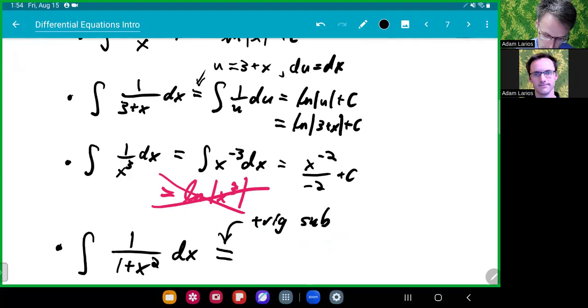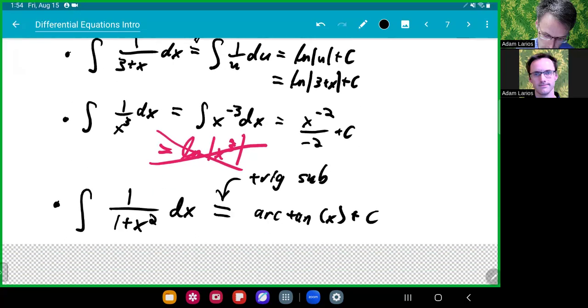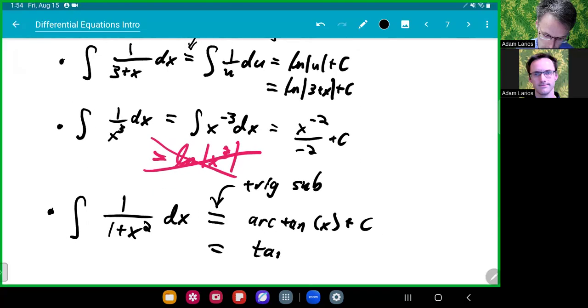This uses a tangent identity, like 1 plus tangent squared is secant squared or something. But this turns out to be the arctangent of x plus c, or if you prefer, some people like to write the arctangent as tan to the minus 1 x plus c. All right, inverse tangent is better to say.